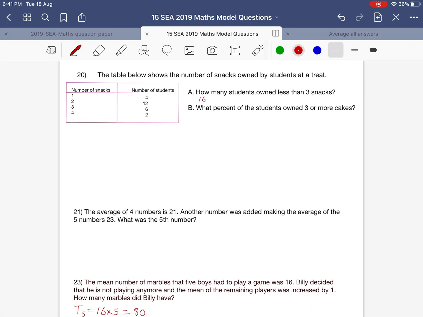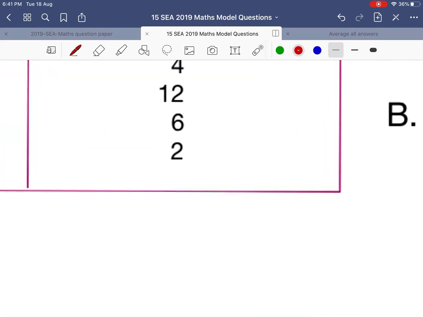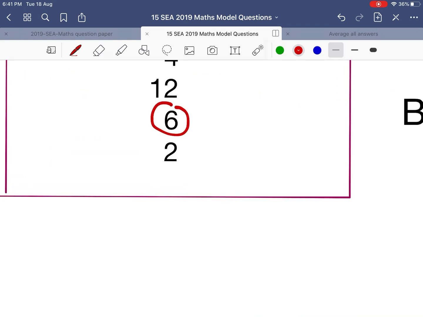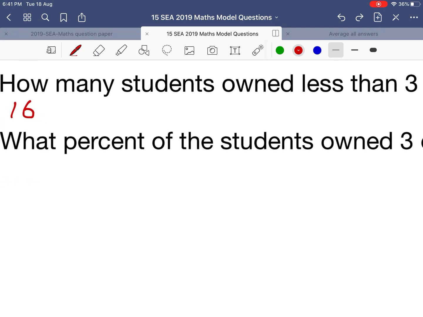Part B. What percent of the students owned 3 or more cakes? So that will be 3 or more, which would be 6 or 2, which is 8. 6 and 2 is 8.